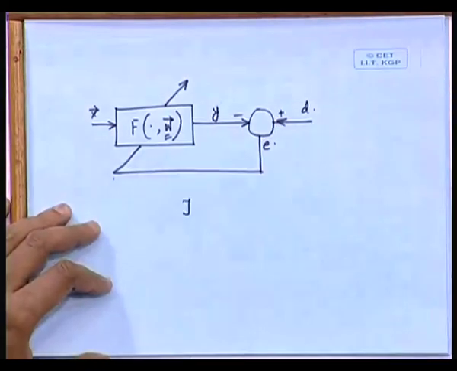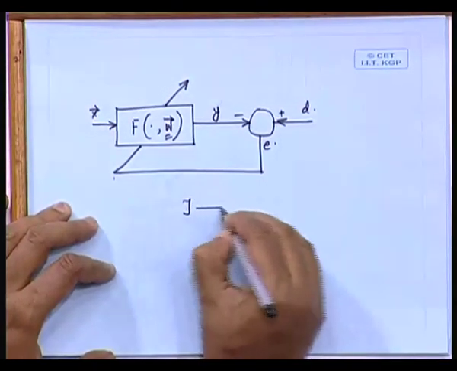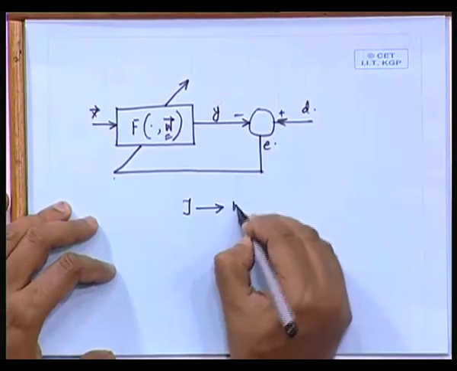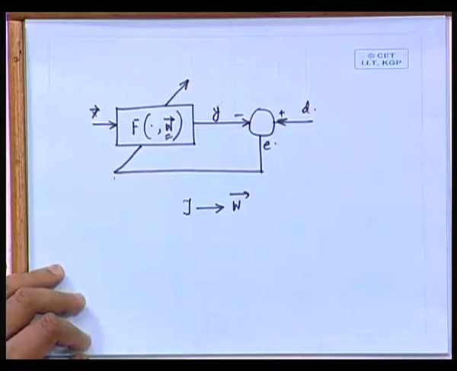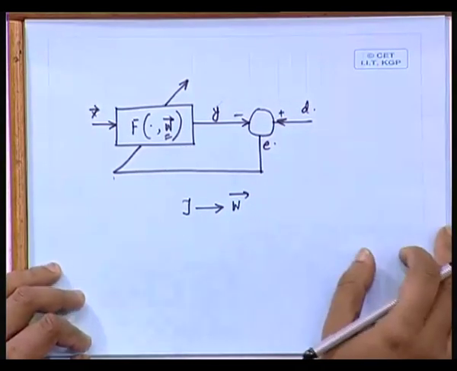This training set T is in this case mapped into the weight vector. That is what we are doing by the process of learning in the neural network.